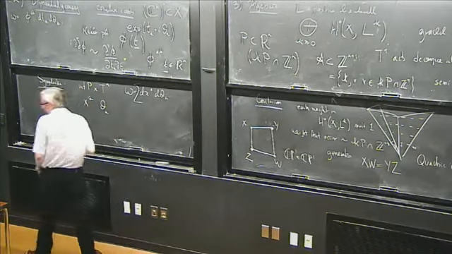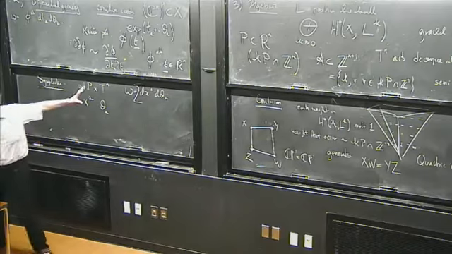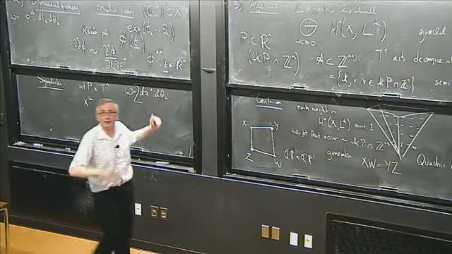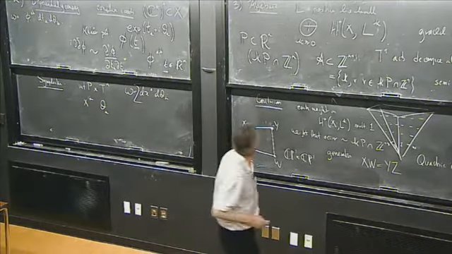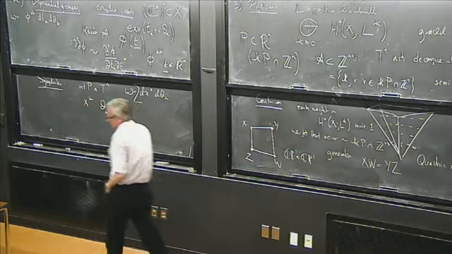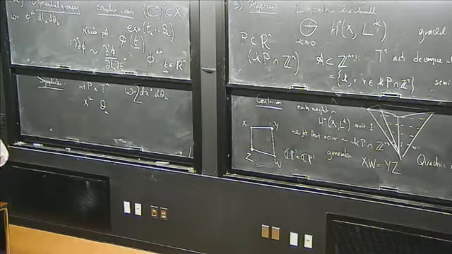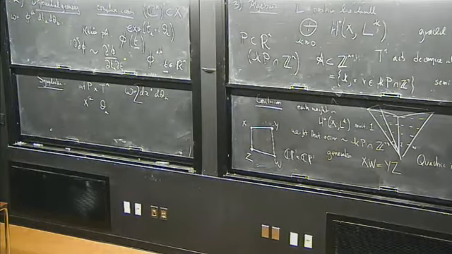What we need to describe is the complex structure. From this point of view, we're fixing the symplectic form, and we're going to think of varying the complex structure. So how can we parameterize that?